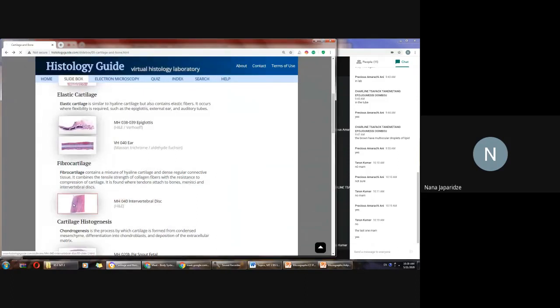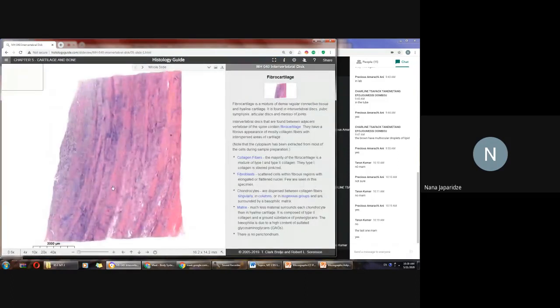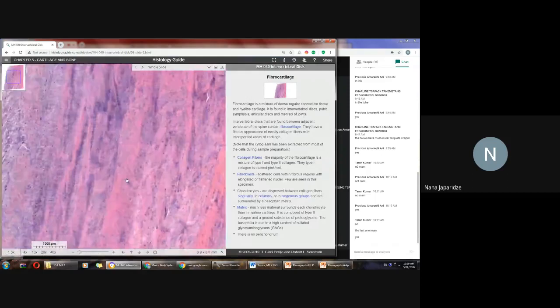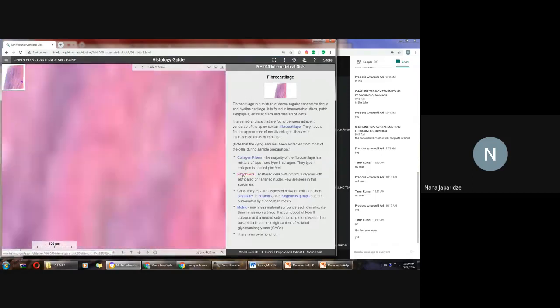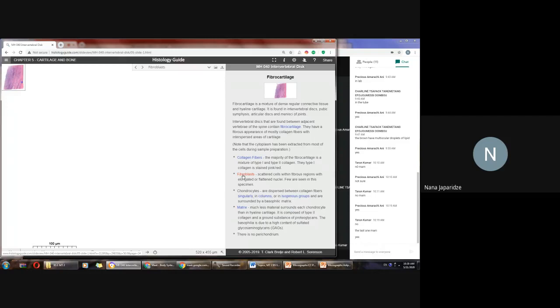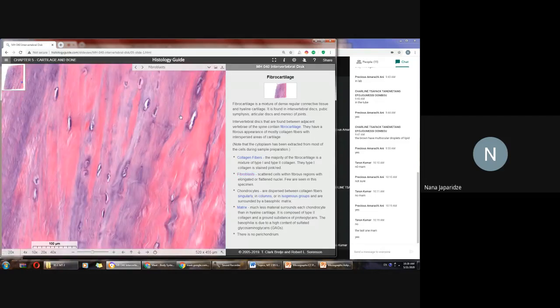And you can see here also fibroblasts. Look. So these are chondrocytes and these are fibroblasts. Collagen fibers stained pink, and elastin fibers.